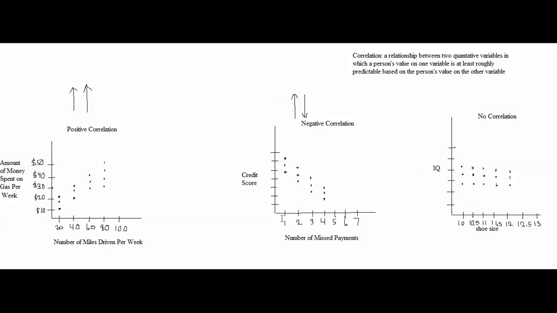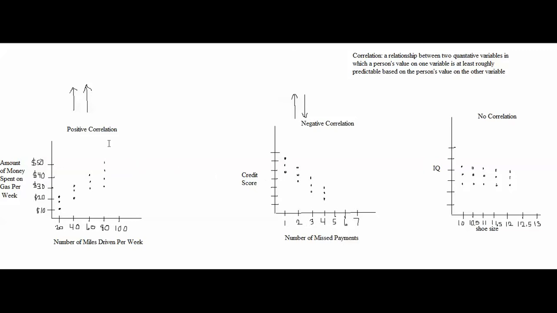And if a person tells me that they've missed a large number of payments, for example, 7 or 8 payments, I'll think, okay, well, that person's credit score is probably lower. It's probably not as good of a credit score. So since there's a correlation between number of missed credit card payments and credit score, you can use the number of credit card payments that a person has missed to make at least a rough prediction of what their credit score is.